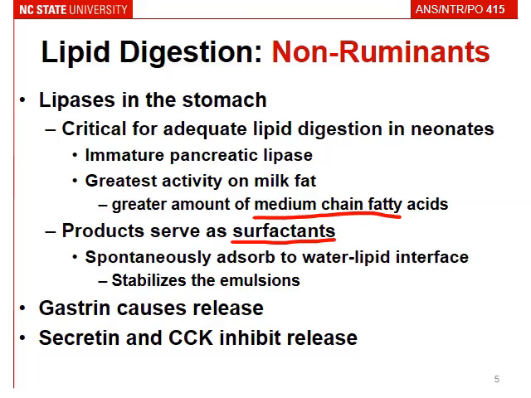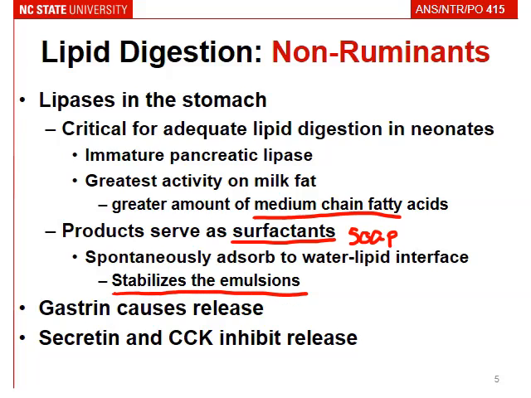Surfactant is similar to soap; a soap is a surfactant. And so that is allowing it to spontaneously absorb water at the liquid interface, and it stabilizes the emulsions.